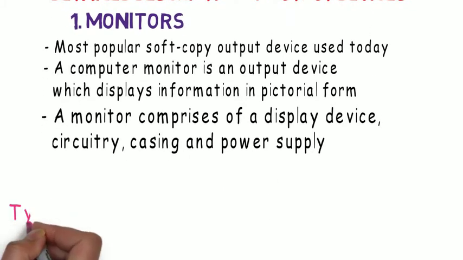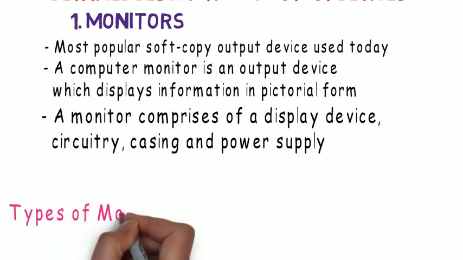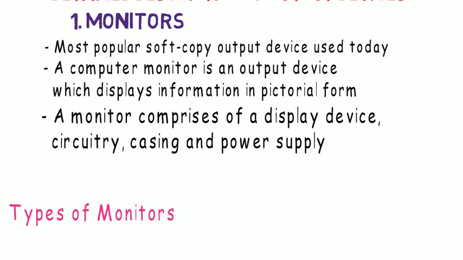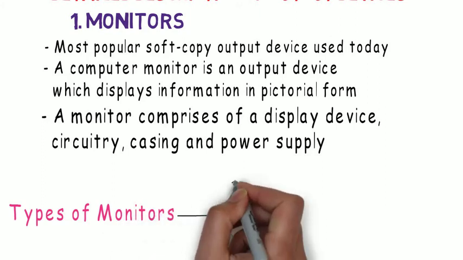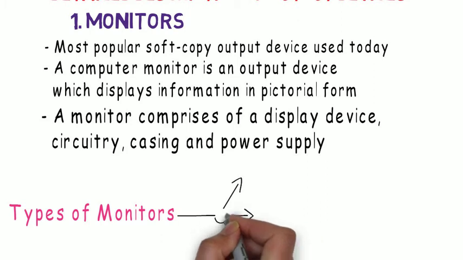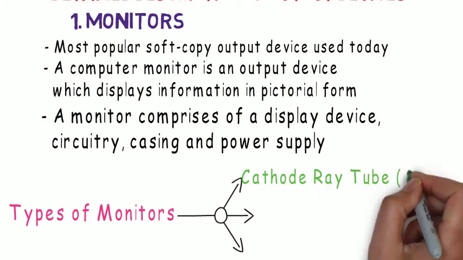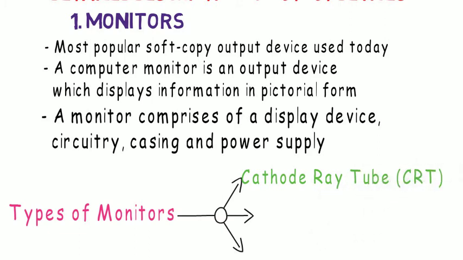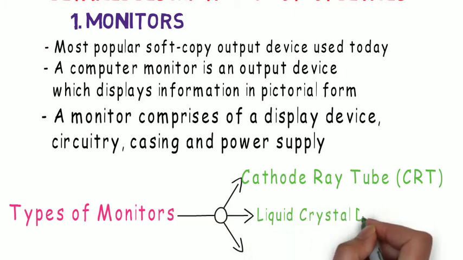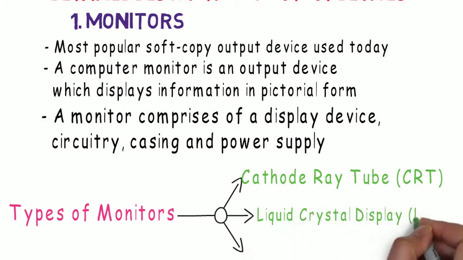It is also important to note that monitors come in different sizes and shapes. There are 3 types of monitors. We talk of the cathode ray tube, the liquid crystal display, and lastly, we have the light emitting diodes.